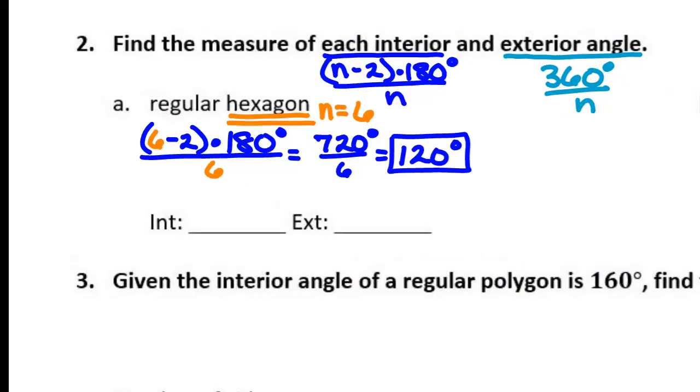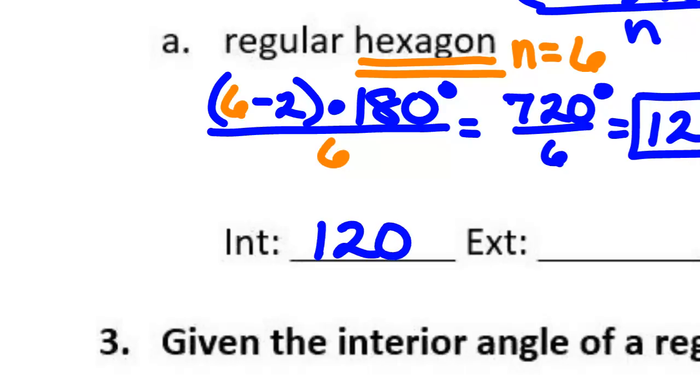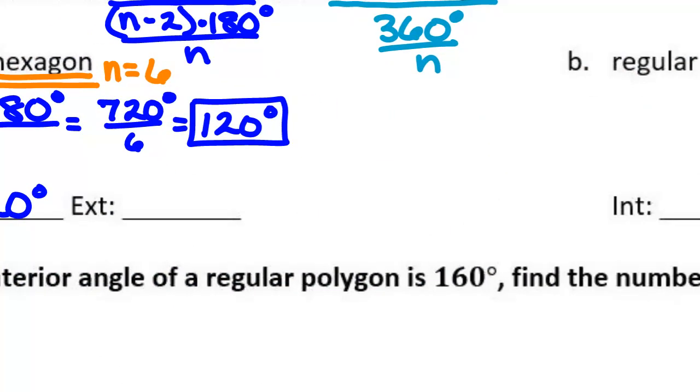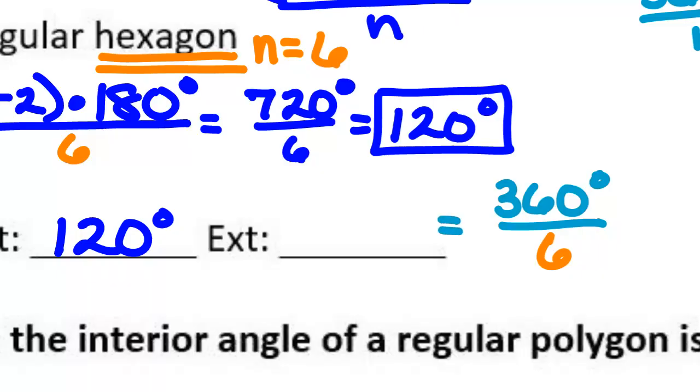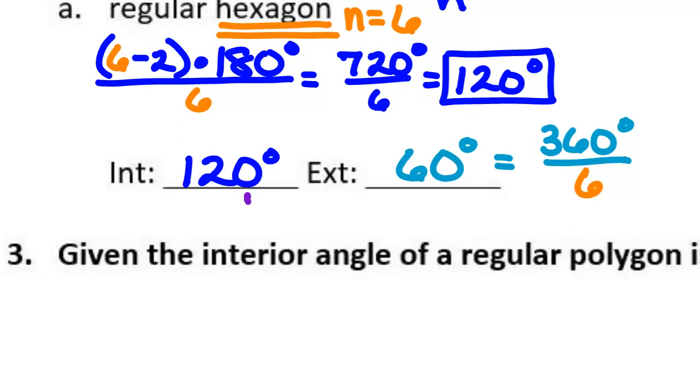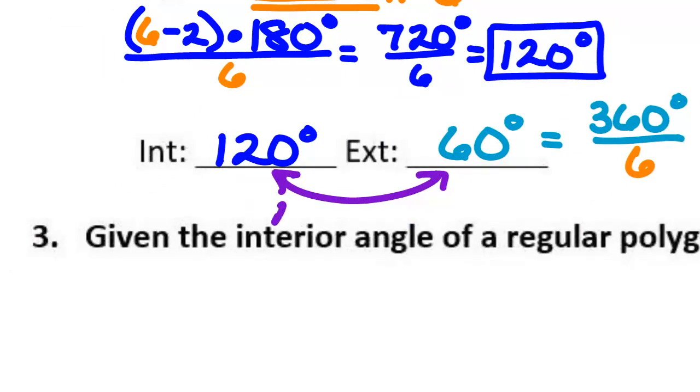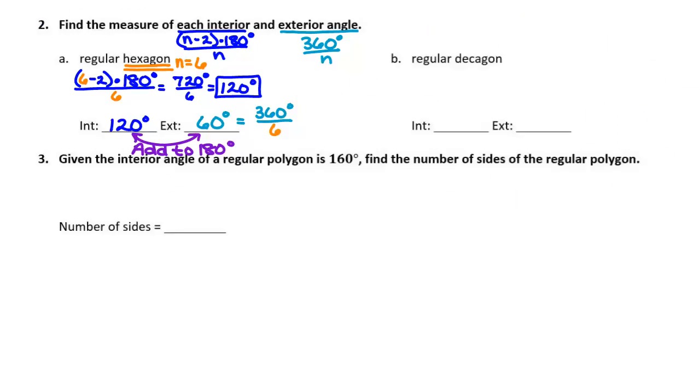So there's my interior angle. And for exterior, we do 360 divided by 6. 360 divided by 6 gives me 60 degrees. And remember, these two angles will add to 180. These are a linear pair, and so they will always add up to 180.